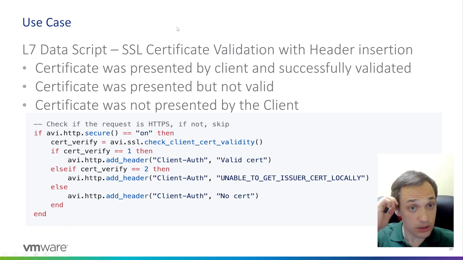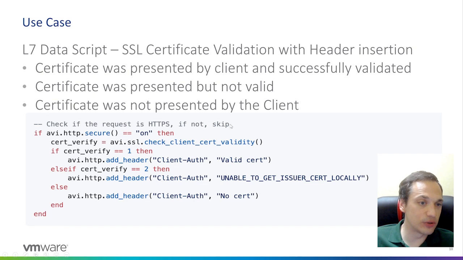Let's look at the second use case, which revolves around client certificate validation and header insertion. Again, the first line is a comment. We'll check whether the request is HTTP or HTTPS by using the AVI HTTP secure function.